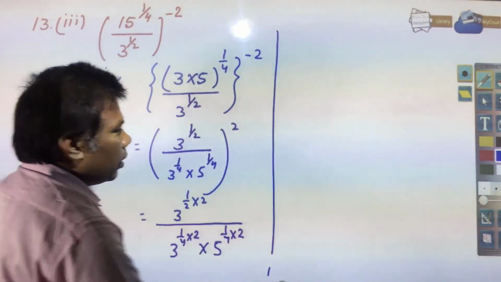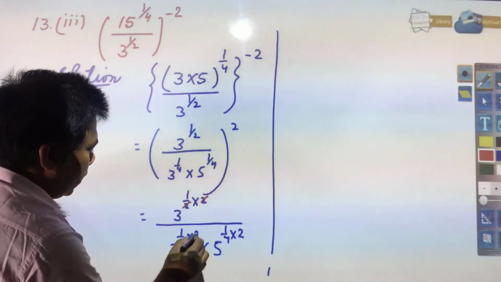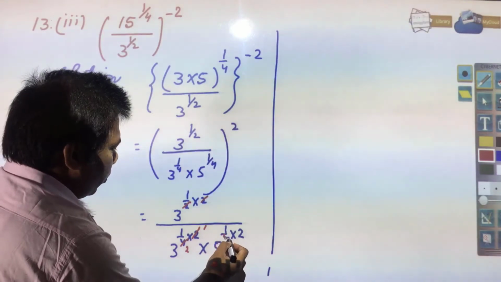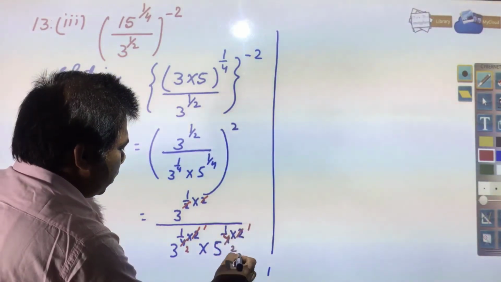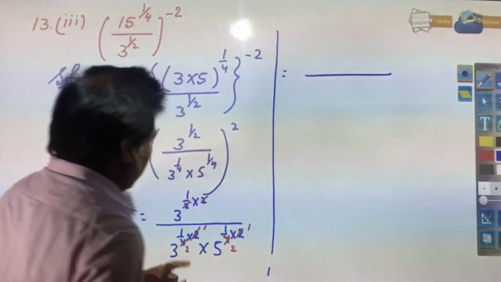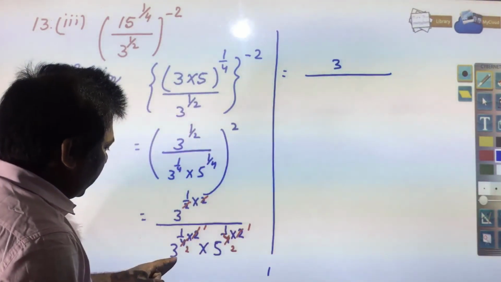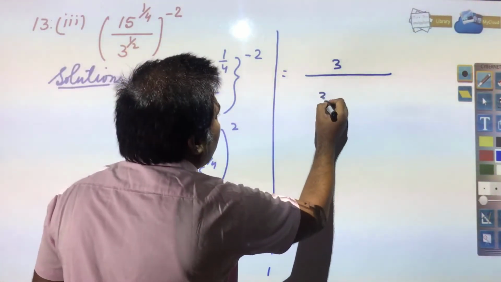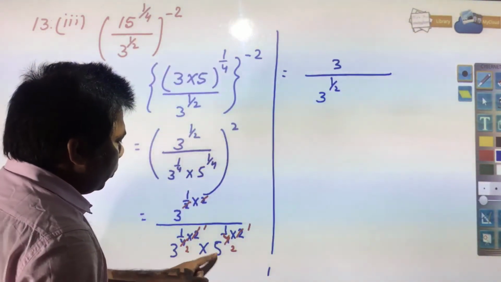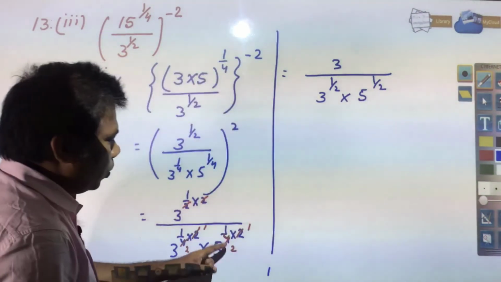Now, you see here 2 and 2 will be cancelled, 2 1s are 2, 2 2s are 4, and here you have 4. Here you see 3 you have divided by 3 to the power 1 by 2, 3 to the power 1 by 2 you have into 5 to the power 1 by 2.